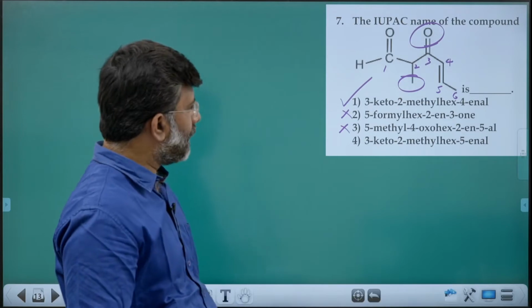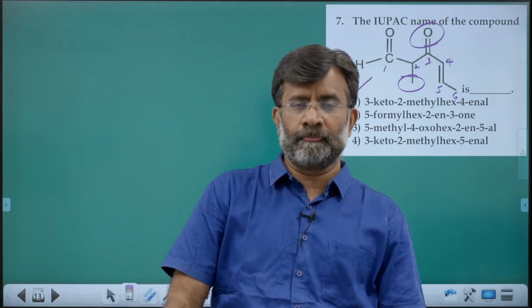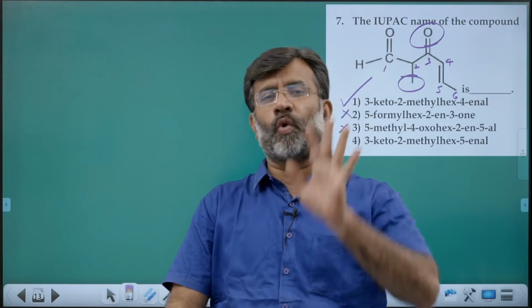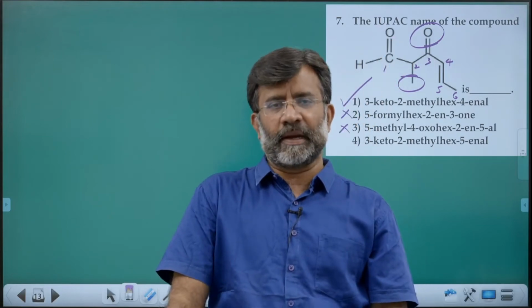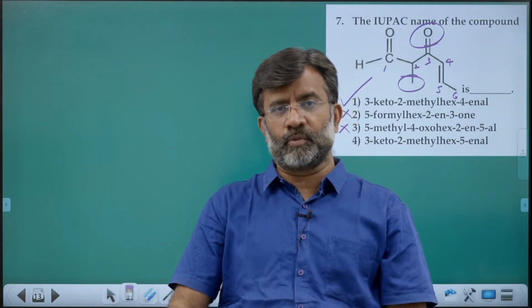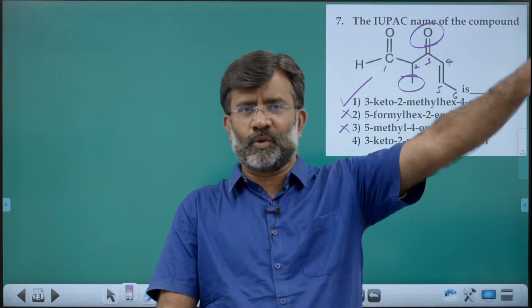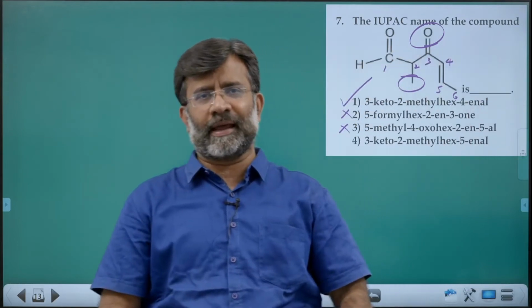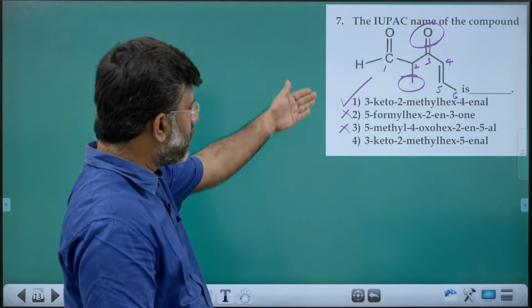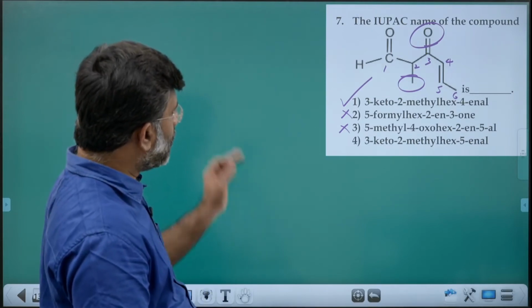3-keto, 2-methyl, hex, 4-enol. It is better to call it oxo, even though the NCERT table permits calling it keto and oxo. But no choice is available, so I am picking the most appropriate choice.